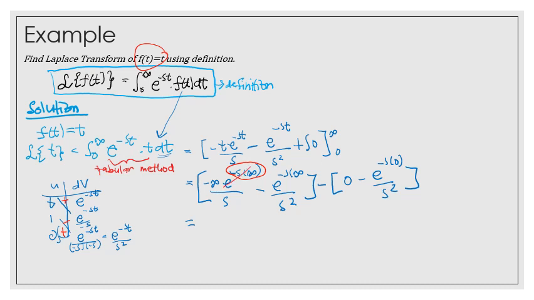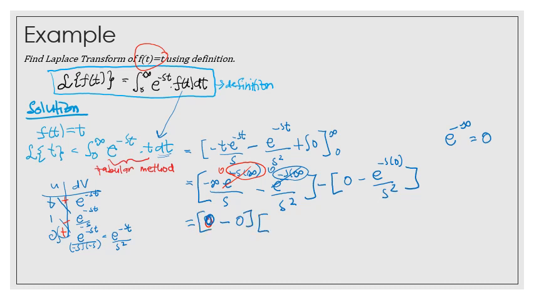So e to the minus infinity is equal to 0, and 0 multiplied with any value, we will get 0. So just put 0. So minus e to the minus infinity, we also get 0. Remember, e to the minus infinity is equal to 0. So here we also get 0.